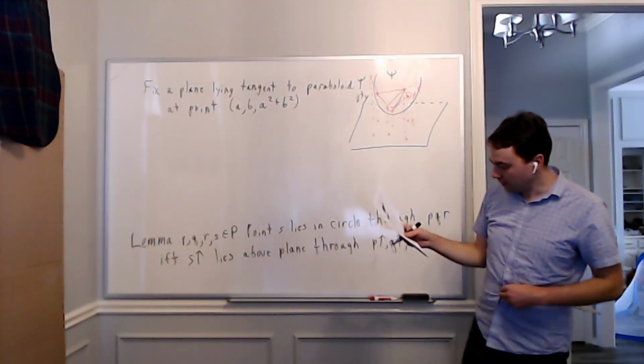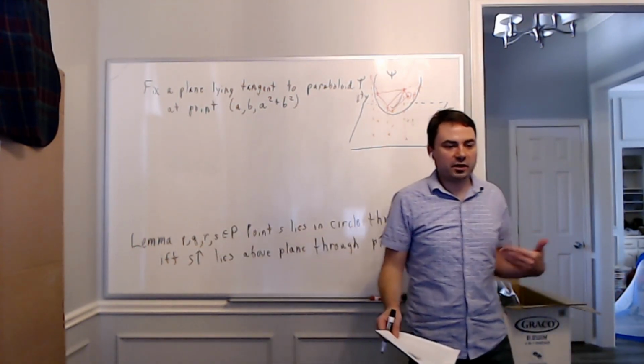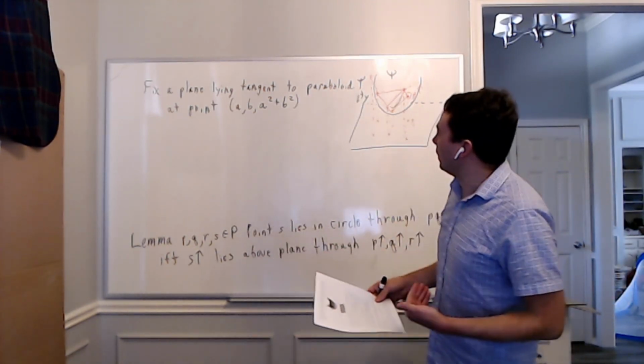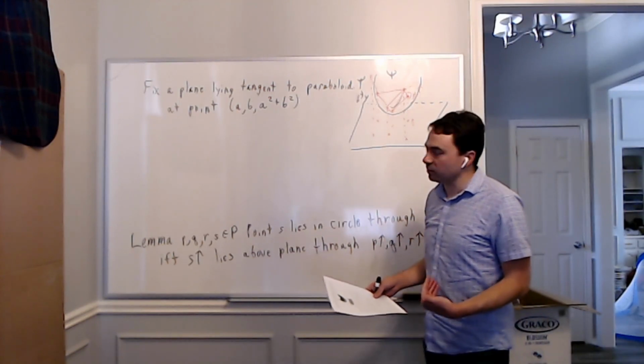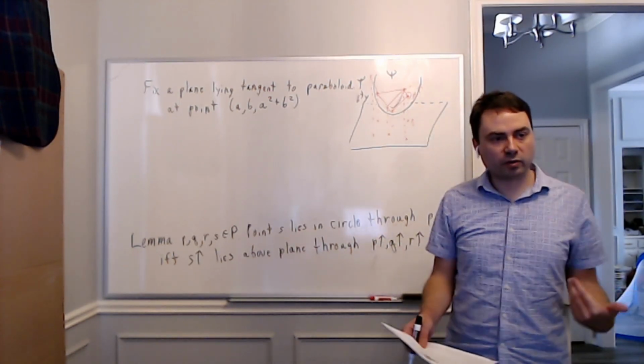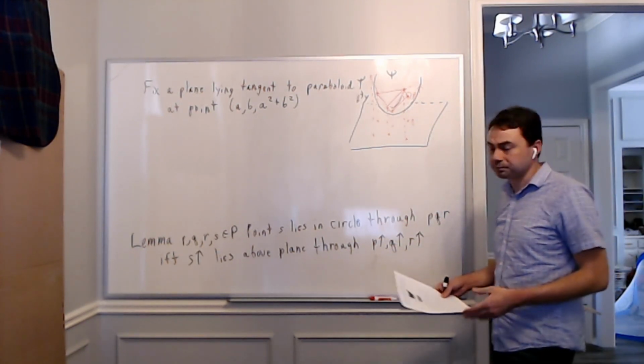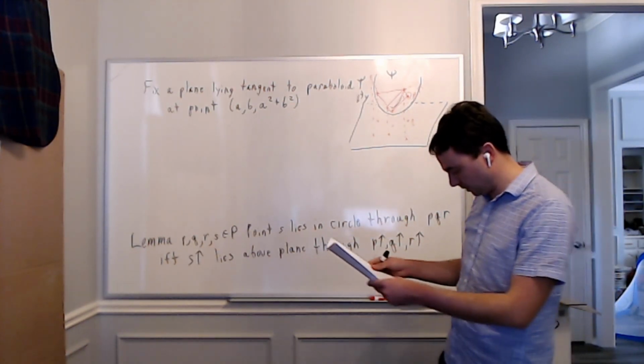Okay. So what we're going to try to figure out is the equation for this plane so that we can know more about it. To do that, we're going to look at the partial derivatives in the a direction and the b direction for this plane.